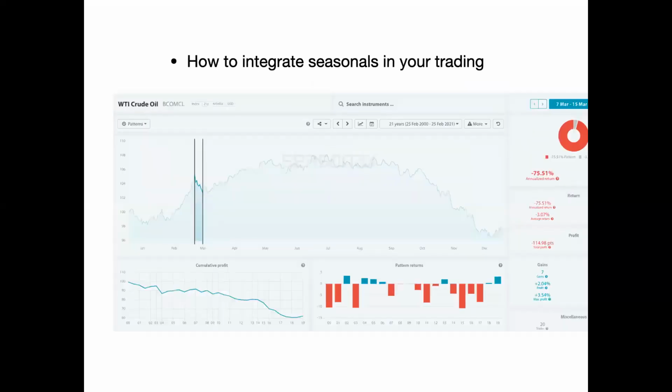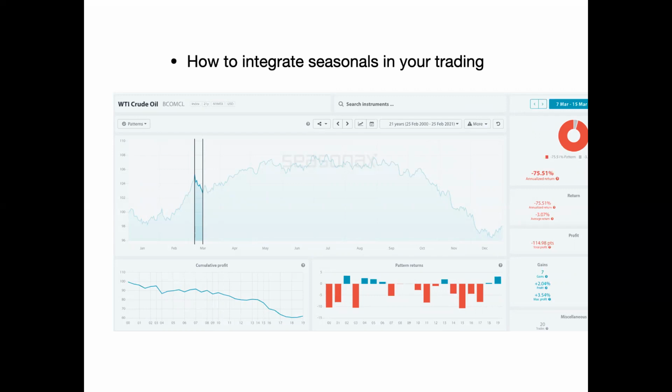Now, how do you integrate seasonals in your trading? Well, here's an example. You can see here, 7th of March to the 15th of March, that oil tends to have a weak time of the year. You've got about 12 losses and 7 gains in the last 21 years.